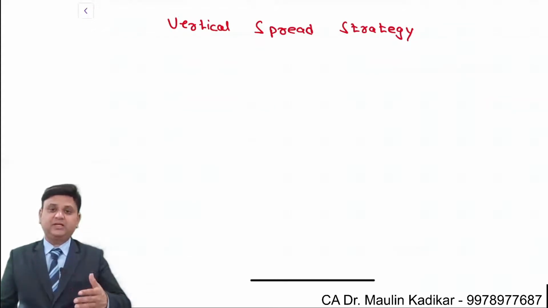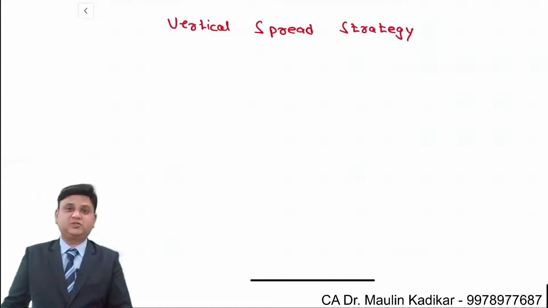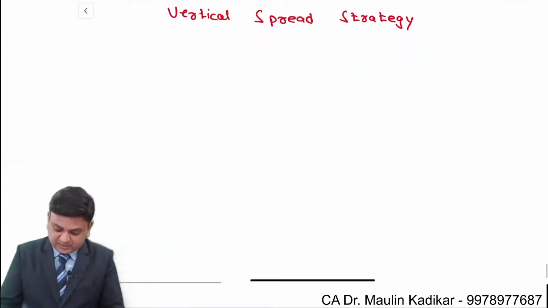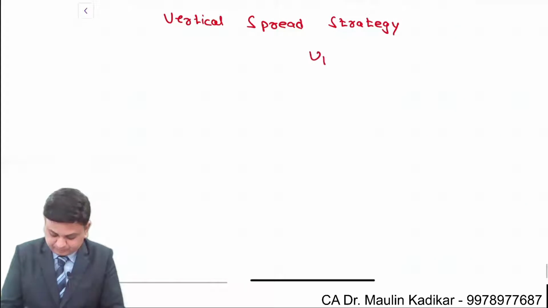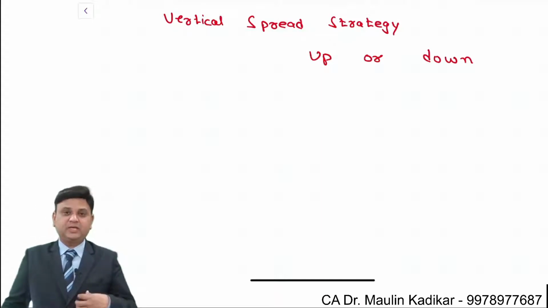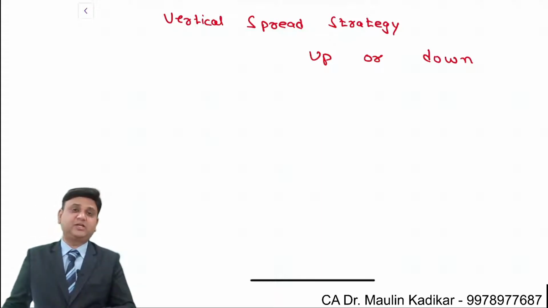The way you enter into the long position, if at all you're expecting the price to go up, short position, if at all you're expecting the price to go down. Similarly, vertical spread strategy is a strategy that you can adopt when you're expecting the price to go up or when you're expecting the price of the security to go down. In both the cases, you can adopt the vertical spread strategy.